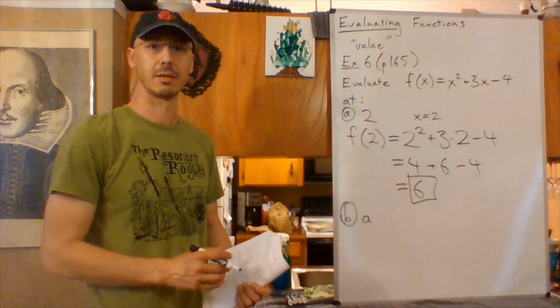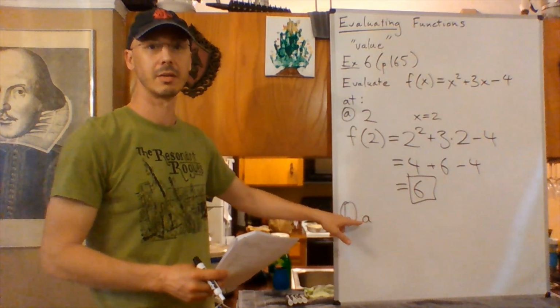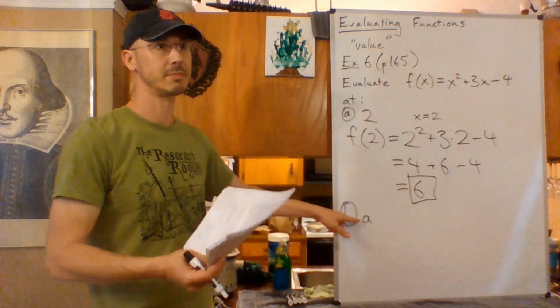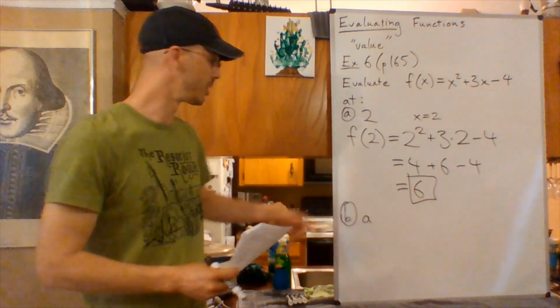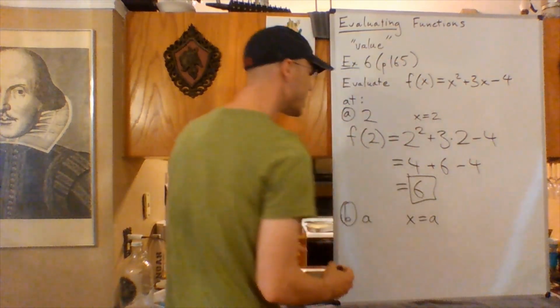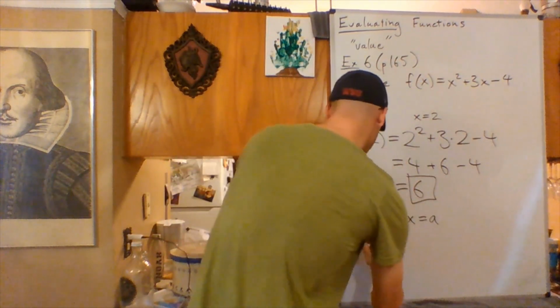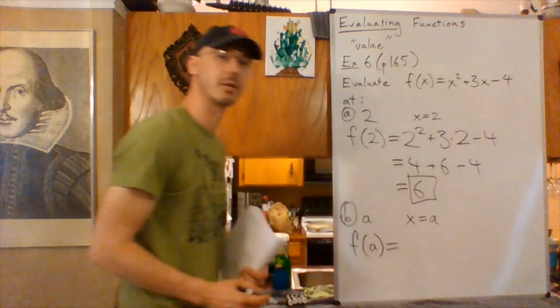The next one we'll look at is part B, and they give us the input value a. Not part A, but the letter representing a number, that's a variable. The letter a. In other words, x equals a. And in this one, what I want to find is f of a.